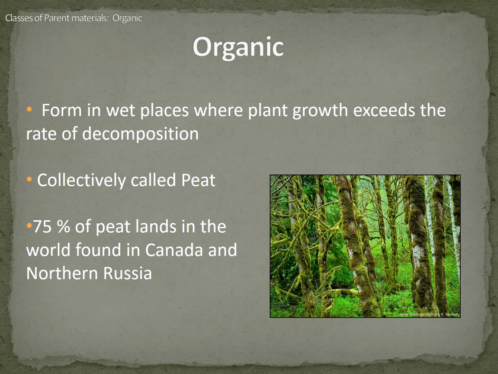About 75% of peatlands in the world are found in Canada and northern Russia, and they're absolutely endangered. You can learn a lot more about organic parent materials by taking the wetlands class, which is NREM 320 and is offered fall of 2021, and then every 2 years after that.